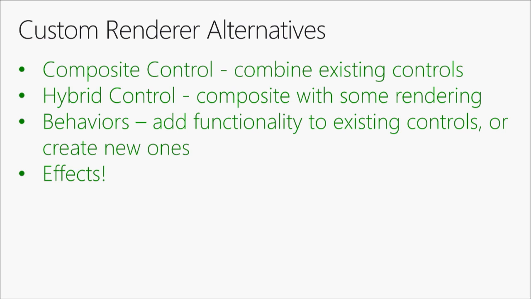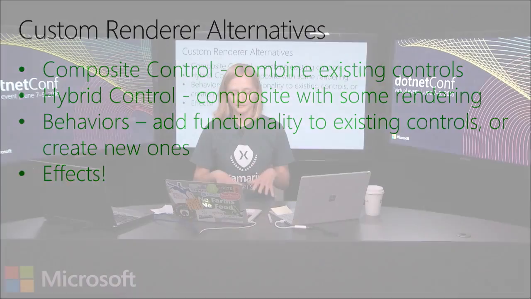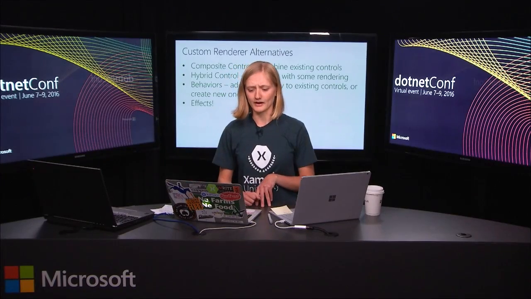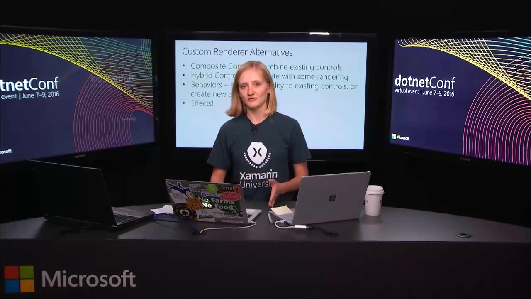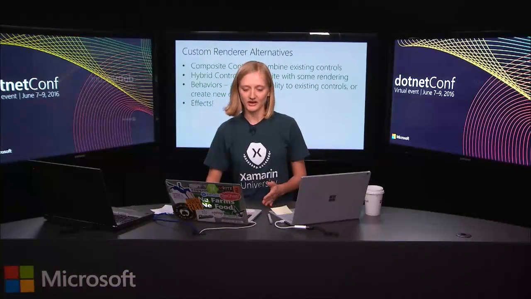And you want that to be its own control because you're going to use it all the time. You can do that without writing the custom renders, because in a way, they're already written for you. So why should you have to rewrite it? You can do that by subclassing content view or templated view and putting that together. And there's docs on how to do that, so you can check that out. But that's called a composite control. And it's a way to get away from writing all this platform-specific rendering code.